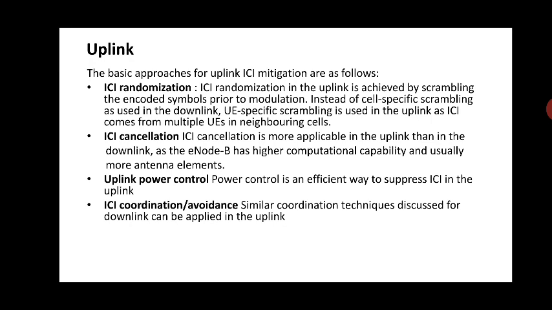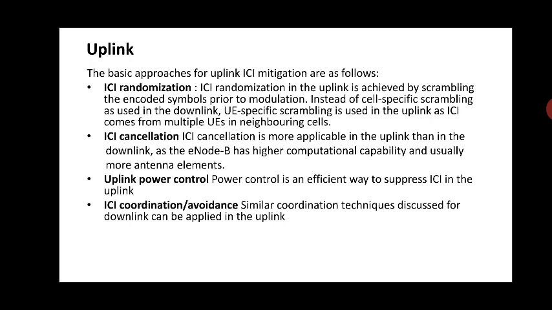Similarly in ICI cancellation, the signals from the neighboring cells are subtracted. Also, uplink power control is an efficient way to suppress ICI in the uplink. Fractional power control, FPC, is the most used in LTE.